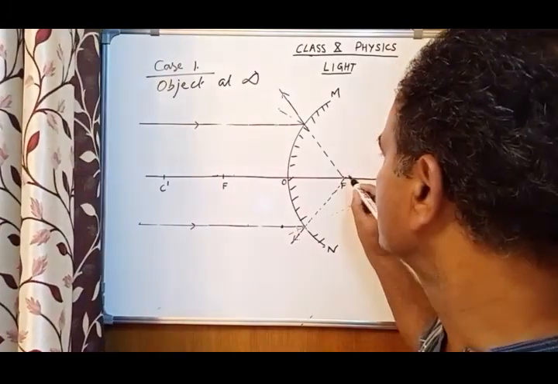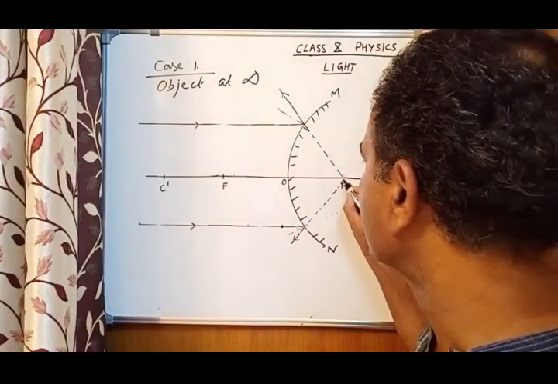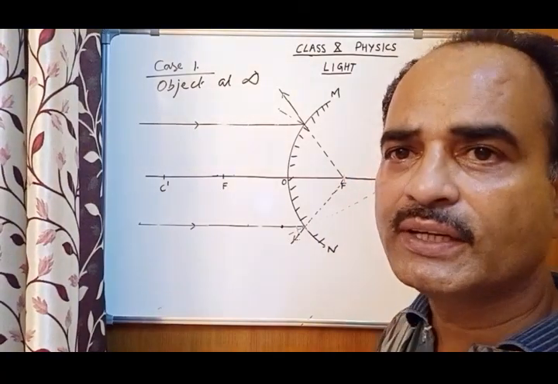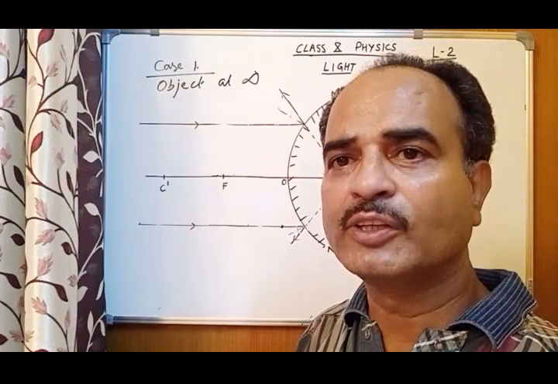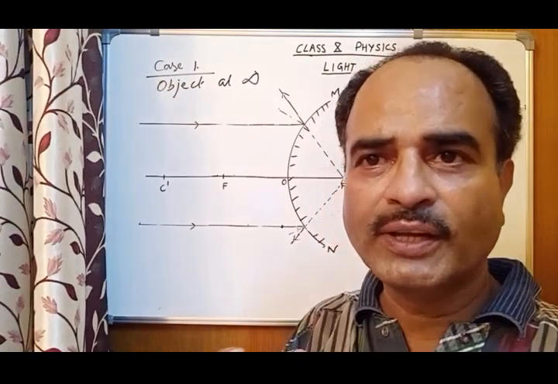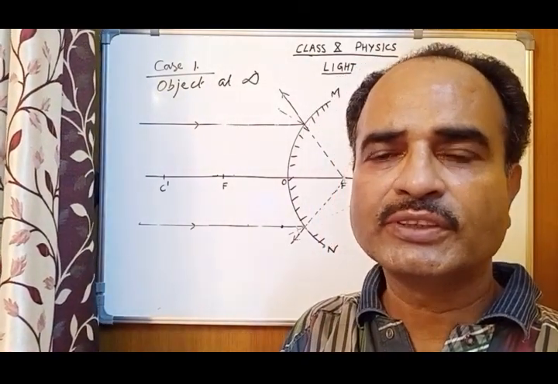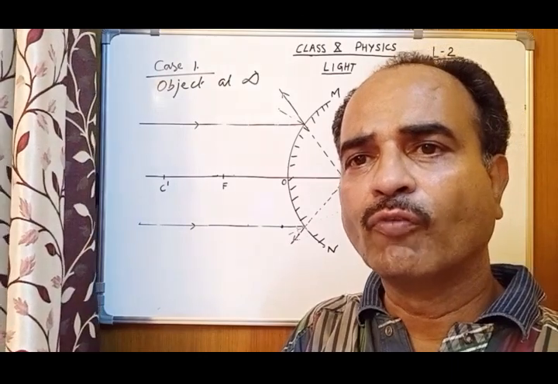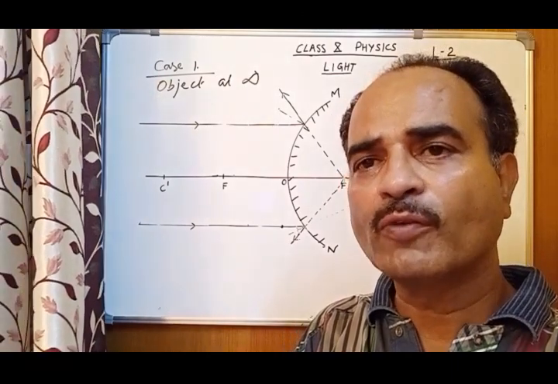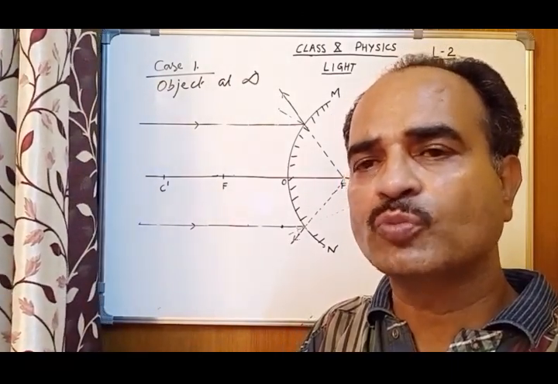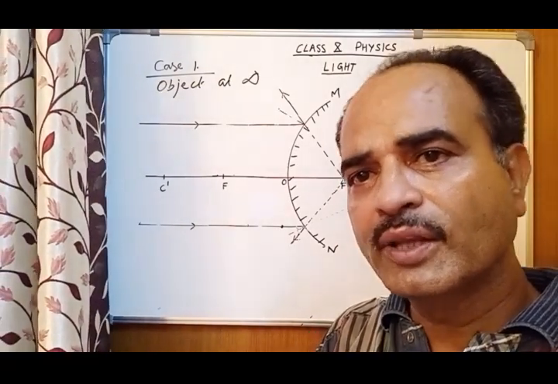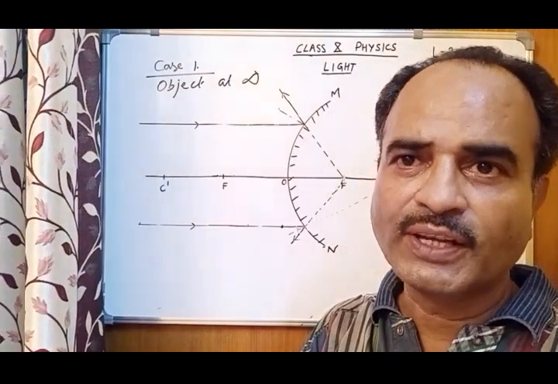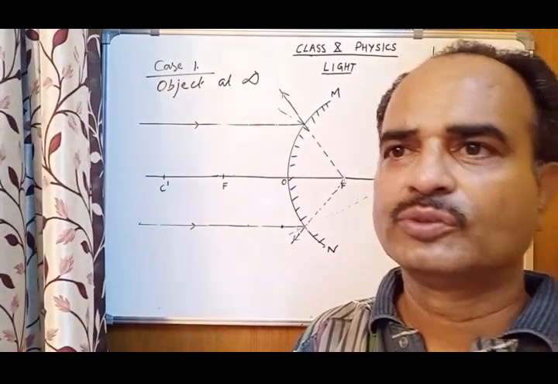It is a virtual image, highly diminished. You will see a very tiny image in the case of a convex mirror. When the object is placed at very large distance, a virtual, very small image is formed at the focus point of the mirror.